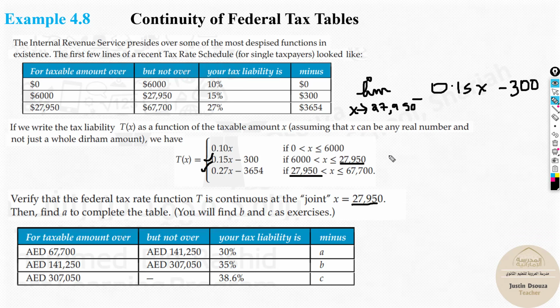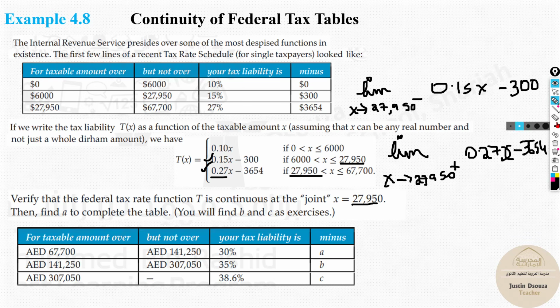But when you consider the same thing, limit as x approaches 27,950 from the positive side, from the right side, that means it's greater, right? More than this, you need to consider the other equation, that is 0.27x minus 3654. Okay, there are two equations. Now what you need to do is basically find the one-sided limits.